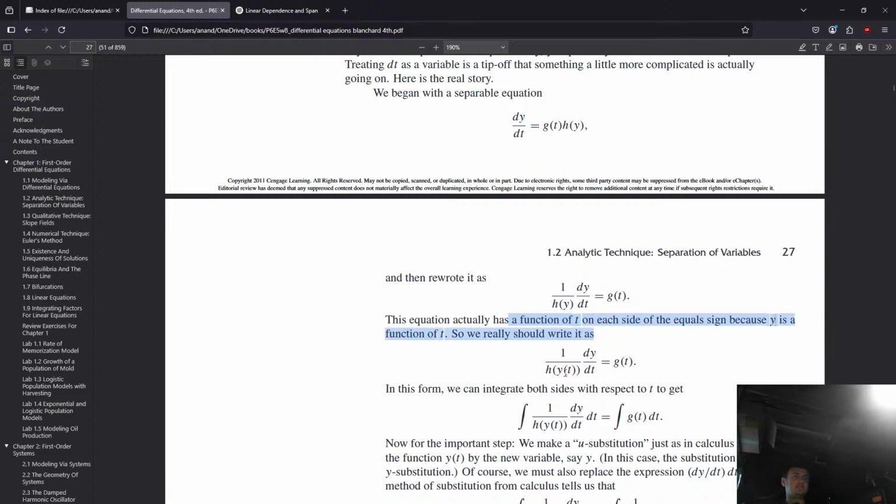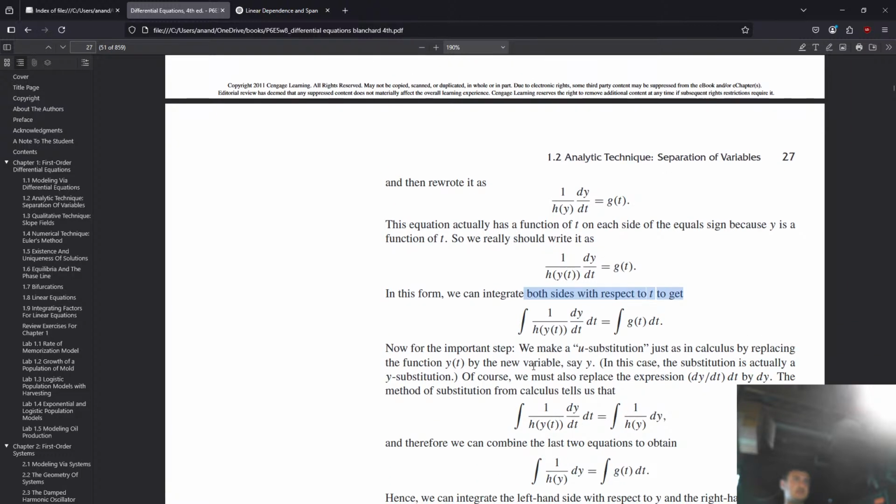So we should write it as 1 over h of y of t dy dt equals g of t. In this form, we can integrate both sides with respect to t to get. Now for the important step, we make a u substitution just as in calculus by replacing the function y of t by the new variable, say y.